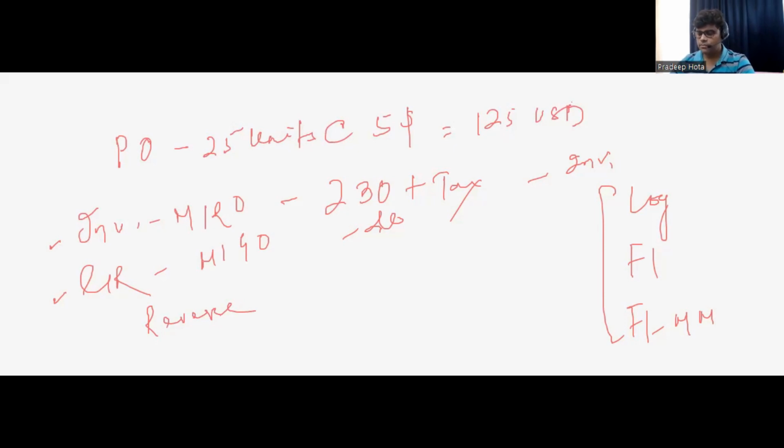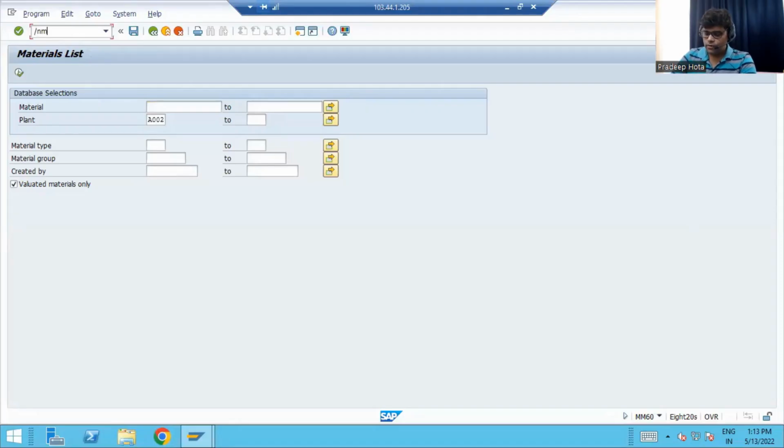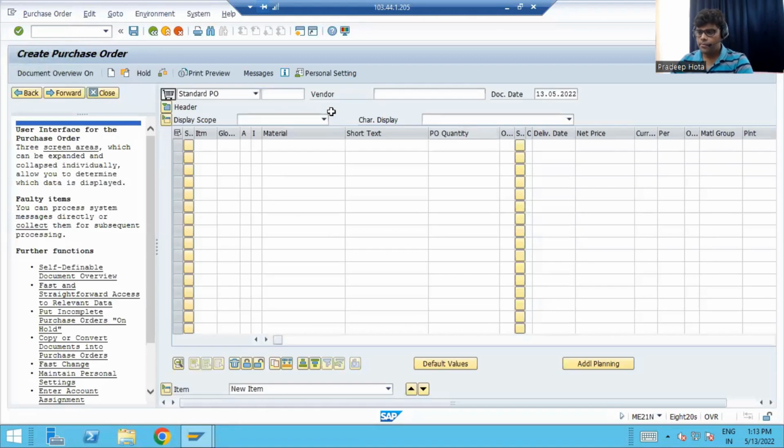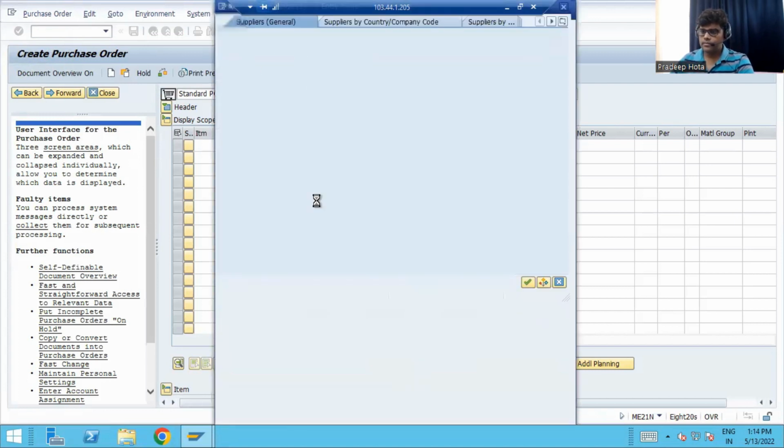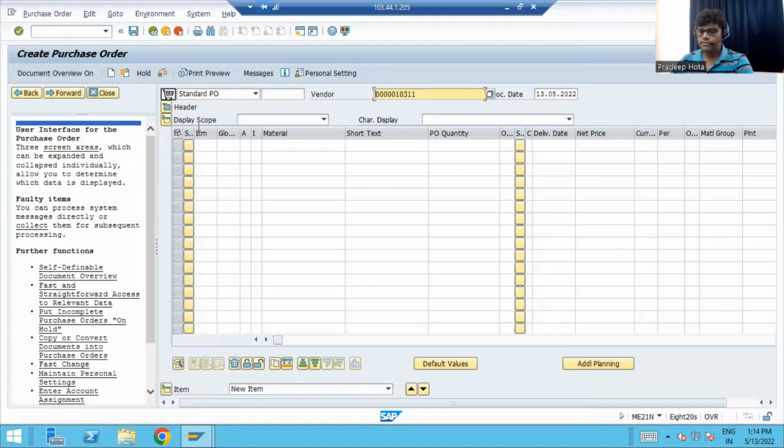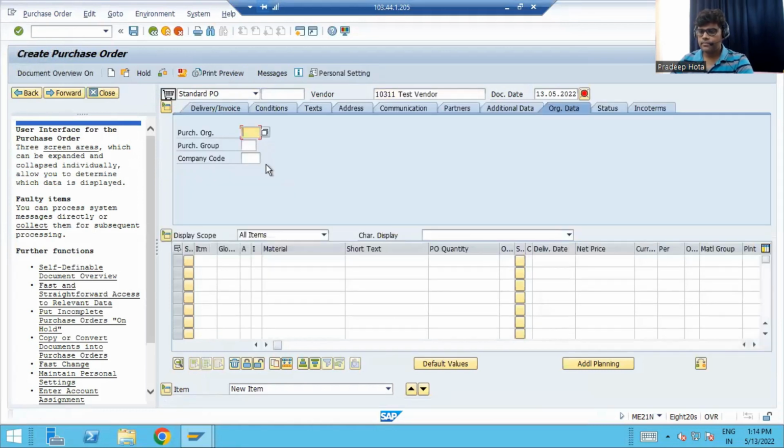Okay, so let's move on. I'm going to switch to the SAP screen and explain it there. I'm going to create one purchase order, ME21. This is our vendor, purchase organization, purchase group.